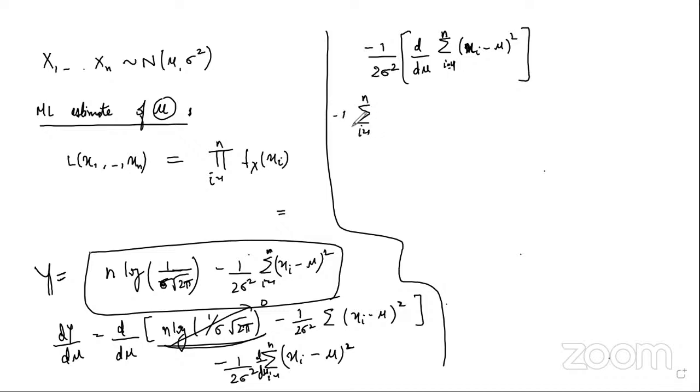So the 2 and the 1 upon 2 cancel, and it basically becomes 1. Am I right or wrong? Yes, this is right.